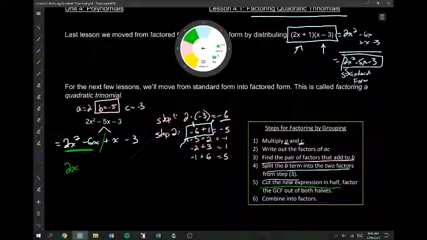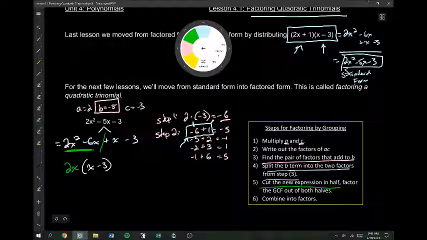So I pull out a 2x and I'm left with x minus 3. Now, positive 1x, positive x, and negative 3 don't have anything in common. Whenever this happens, if they have nothing in common, pull out a 1. I'm going to color code this.